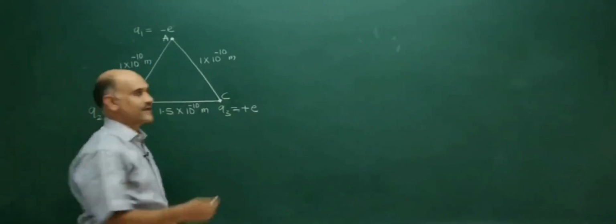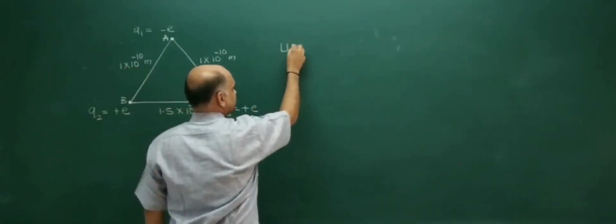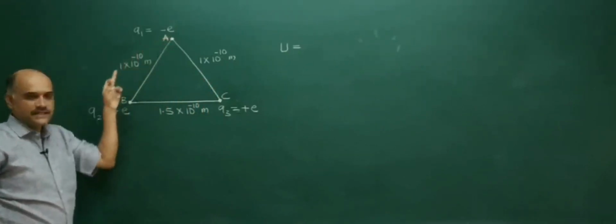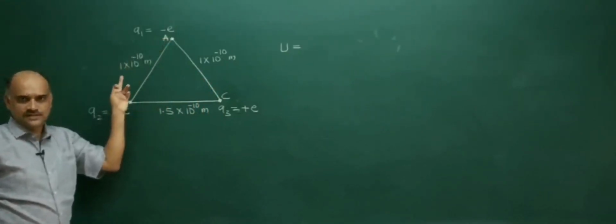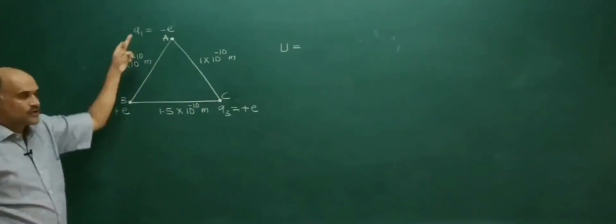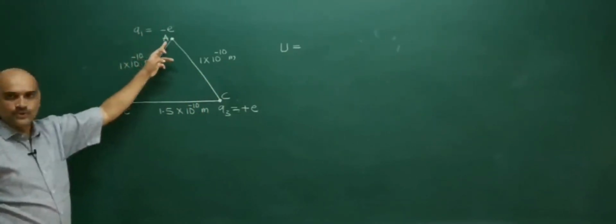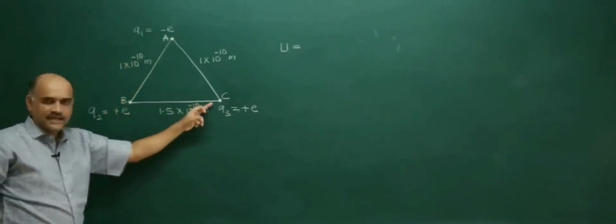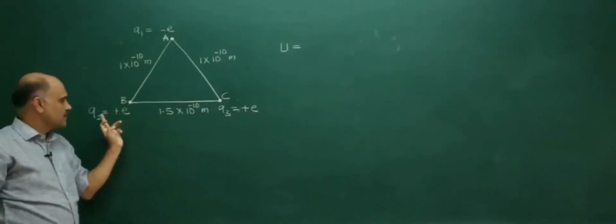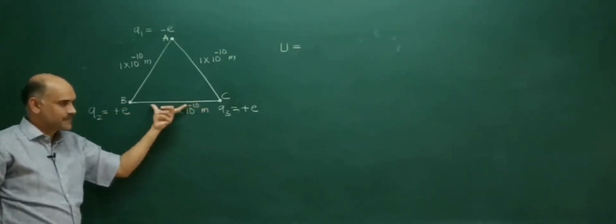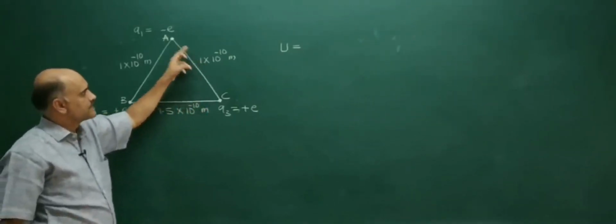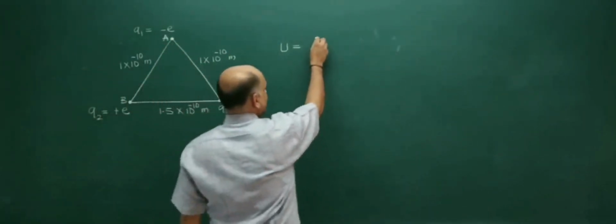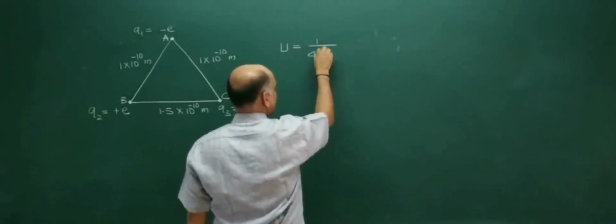So A, B, C are arranged in a triangle form. In general, if I write potential energy for this system, if I take these two charges, 1 by 4 pi epsilon naught Q1 into Q2 divided by length AB. Similarly, for these two, 1 by 4 pi epsilon naught Q2 into Q3 divided by BC, and similarly for this. Among all three, I can take 1 by 4 pi epsilon naught common.